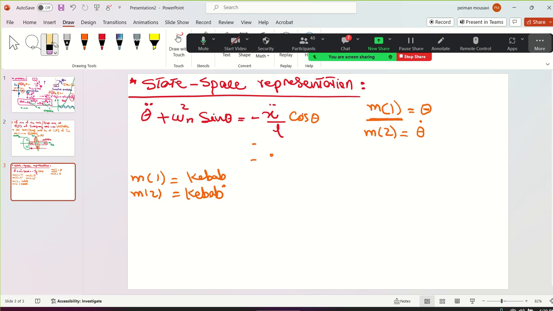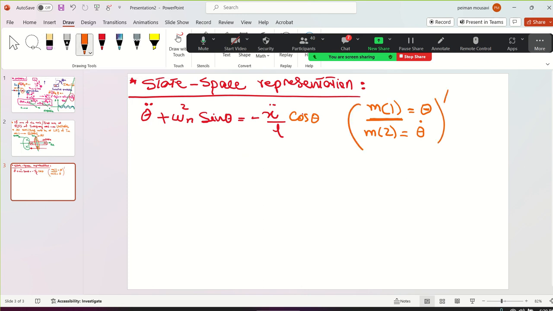Now we are talking only about the angular position of the pendulum. Let's take a time derivative from both sides, exactly as I'm typing in MATLAB. So dm1, the time derivative, is going to be theta dot. What is theta dot, guys? Based on the state variables, this is M1 and M2.